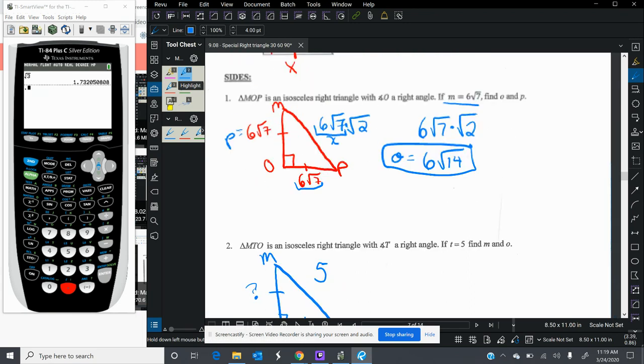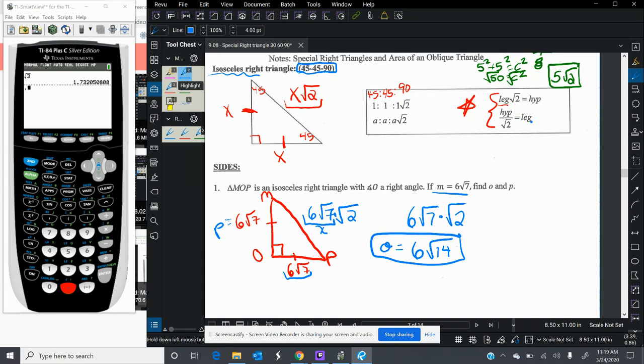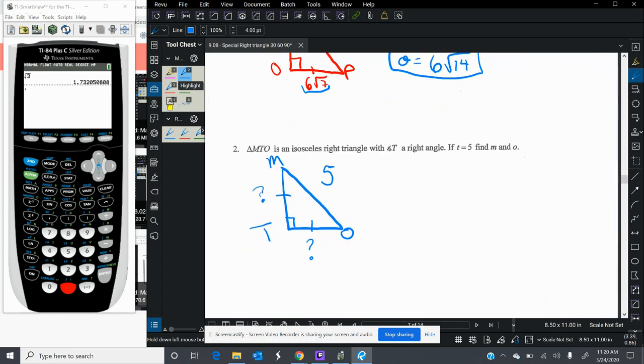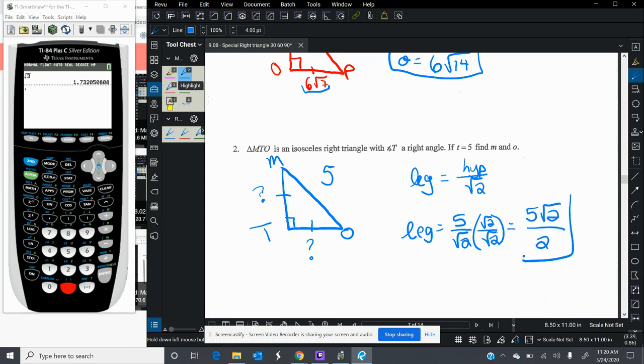The setup from the top of the page says, in order to find the leg, we take the hypotenuse and divide by radical 2. So our leg will equal 5 over radical 2. And again, from our part 1 practice, we need to rationalize. Multiplying by rad 2 over rad 2, 5 square root of 2 over 2 will be the measure of each of these legs.